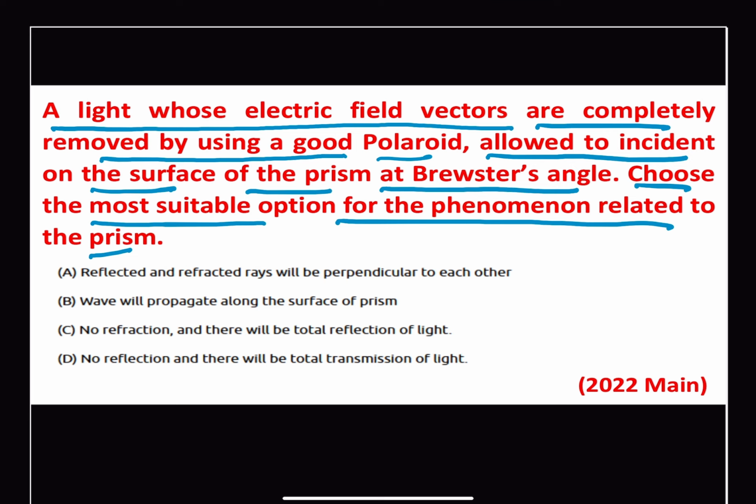So it is basically reflected, refracted, and wave propagation, and one of the options is total internal reflection. So here we are given that the electric field vectors are completely polarized by using a good Polaroid, and it is incident at a Brewster angle.